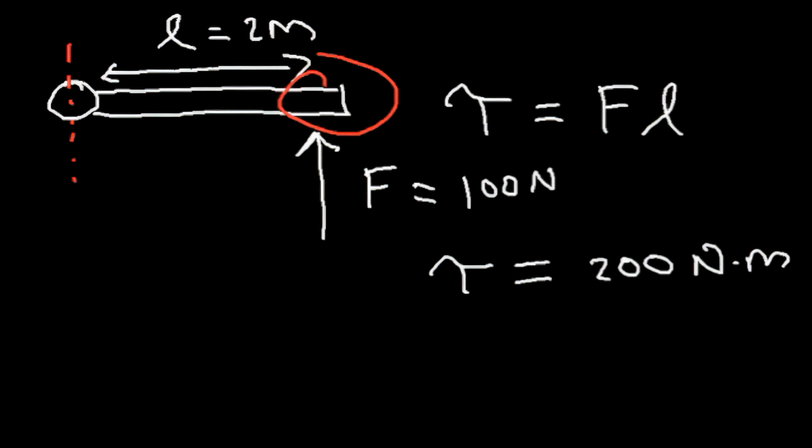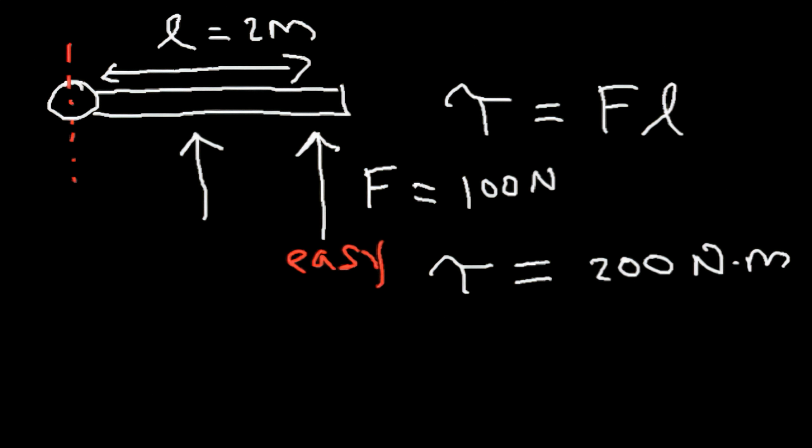What would you say? It turns out that it's easier to apply a force at the edge of the door. It doesn't require much effort. But if you apply a force at the middle of the door, it's going to take more effort to cause the door to rotate.